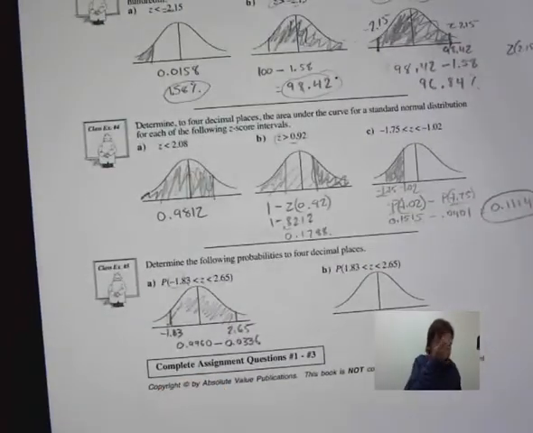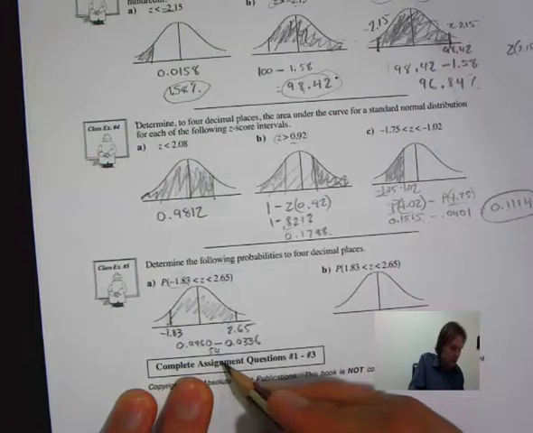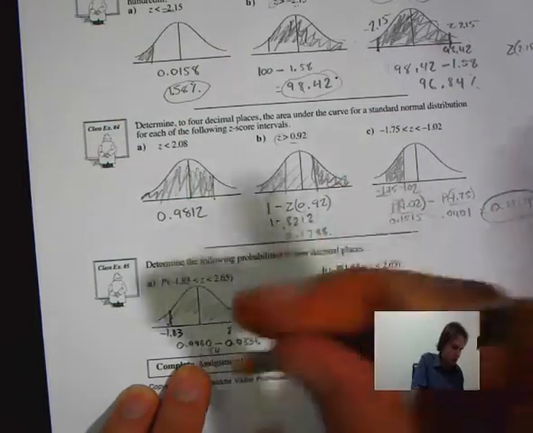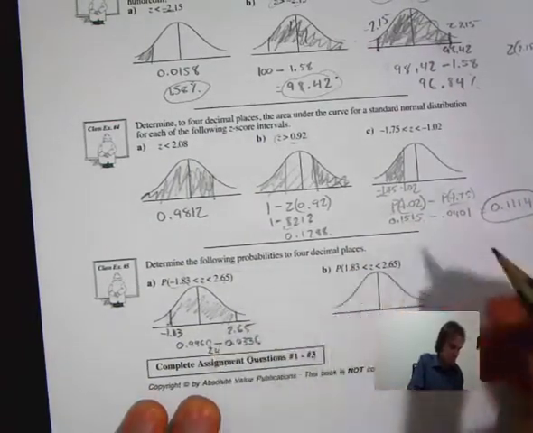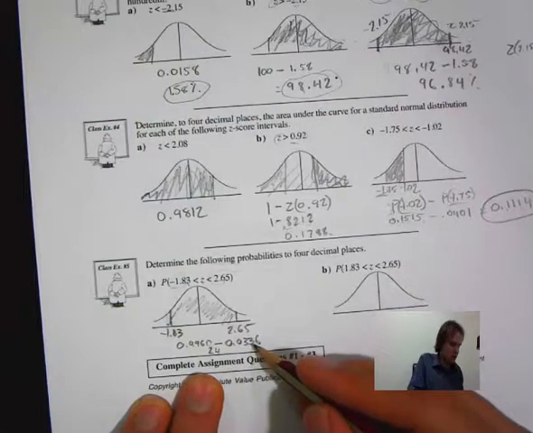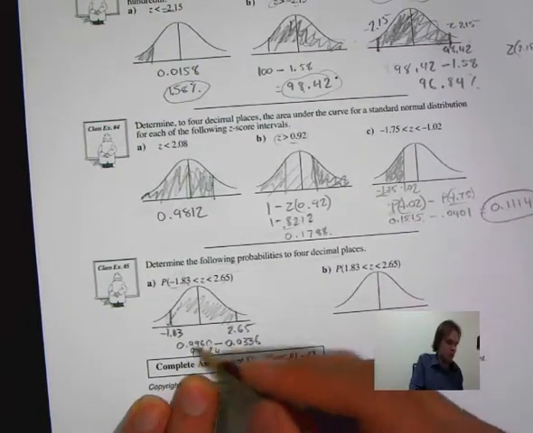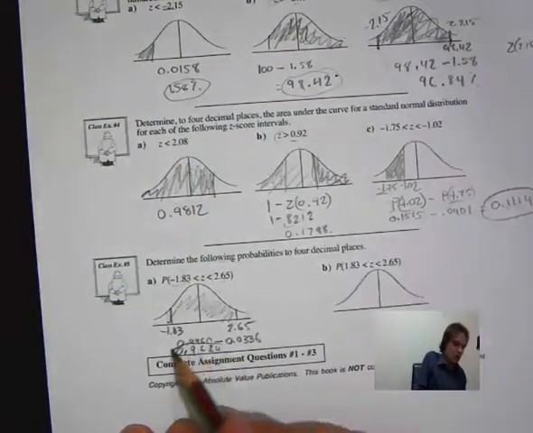And we subtract those, and I'm going to get 0.9642. You guys are going to think I'm going crazy here soon. So 0.9642 is going to be our answer.